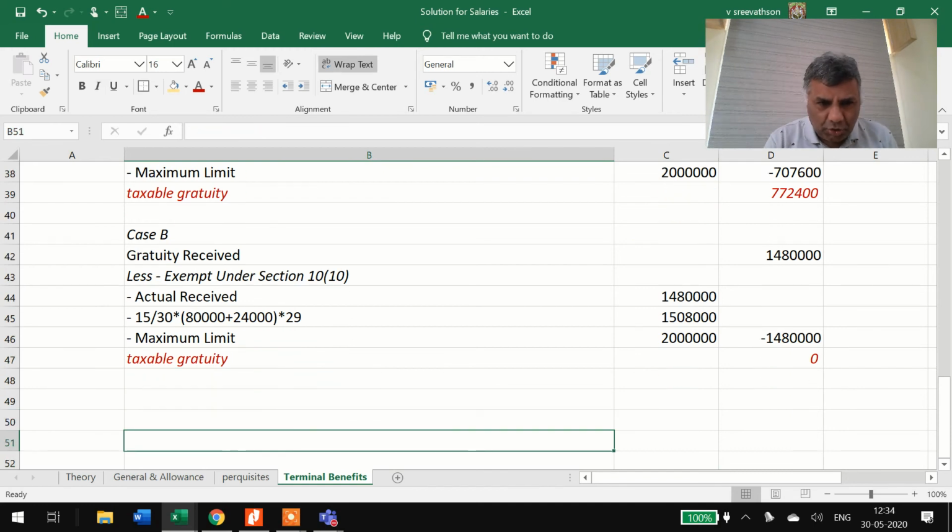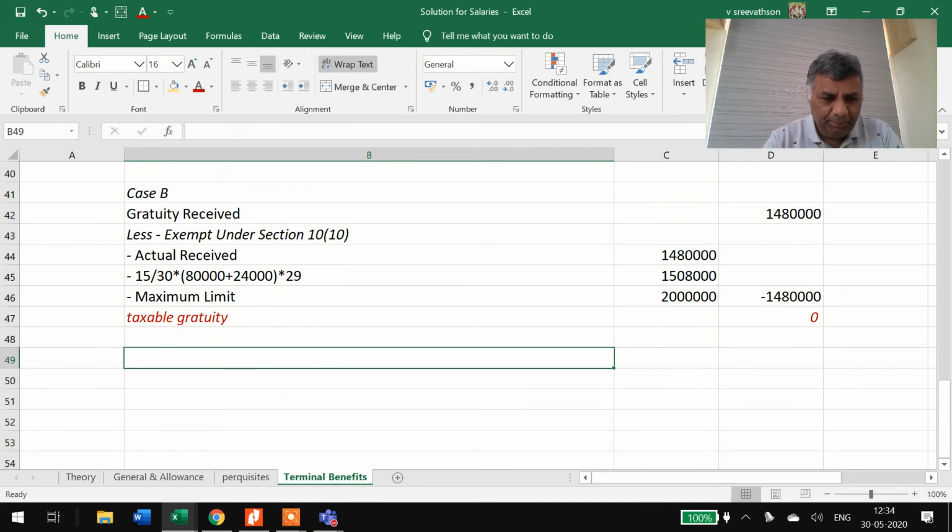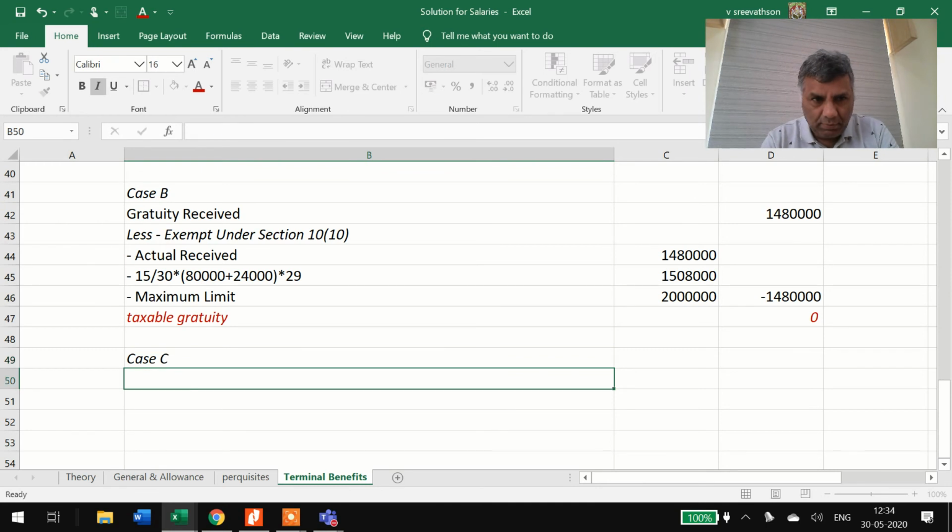Okay, so friends, case C. Computation of average salary.